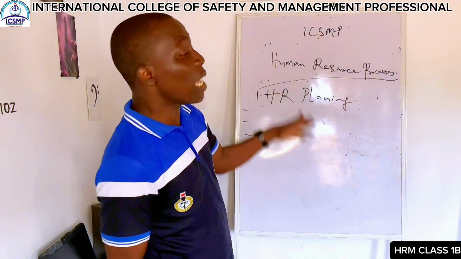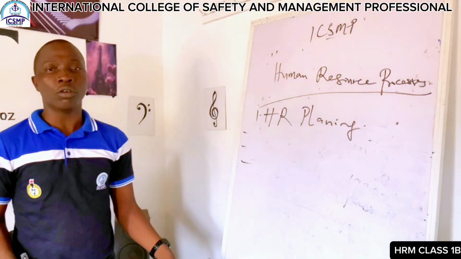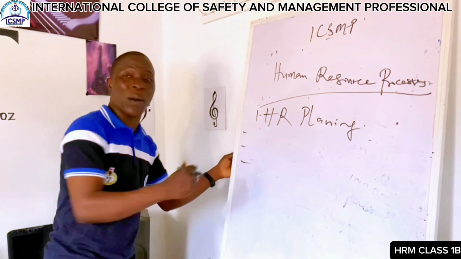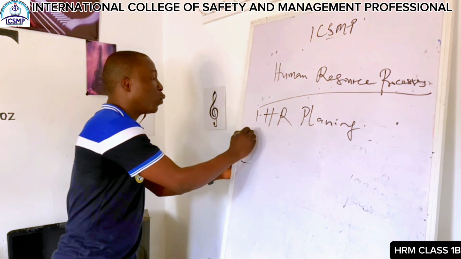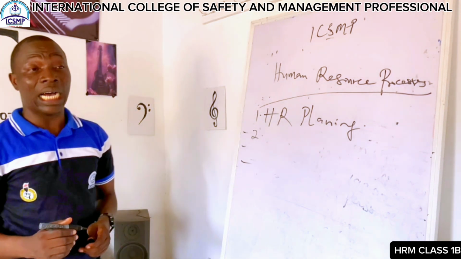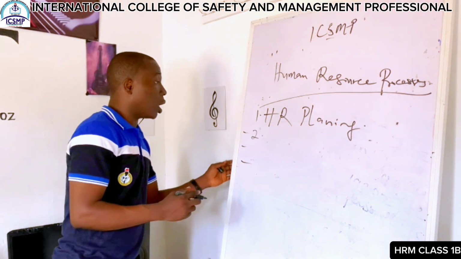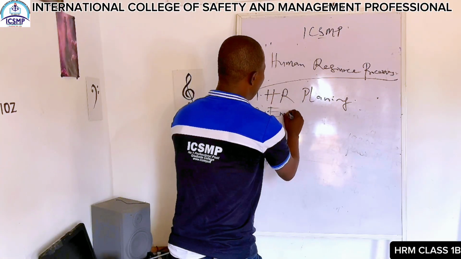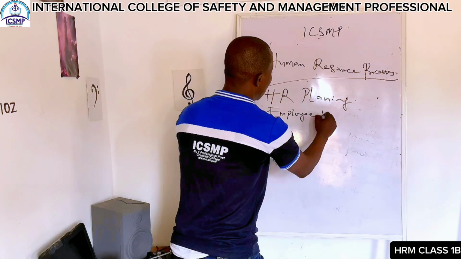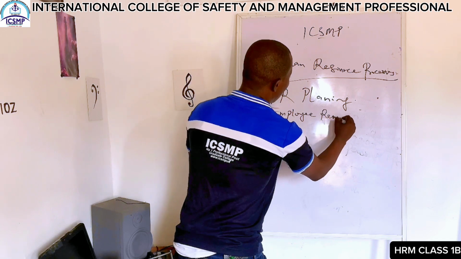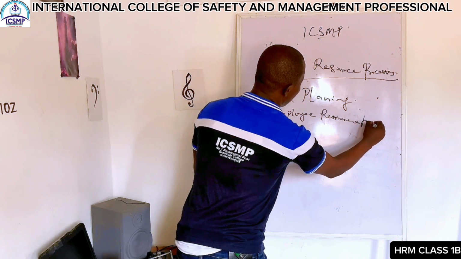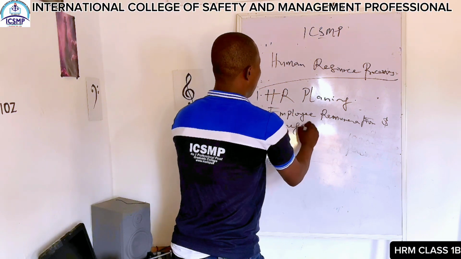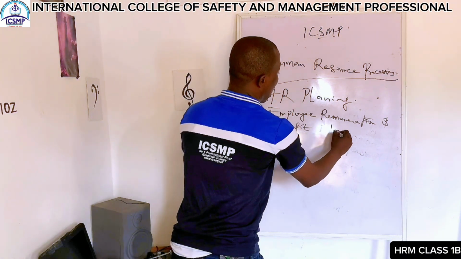Now, let me list the whole of the four for you before I pick them one after the other. Apart from human resource planning, we have the second one here, employee remuneration and benefit administration.